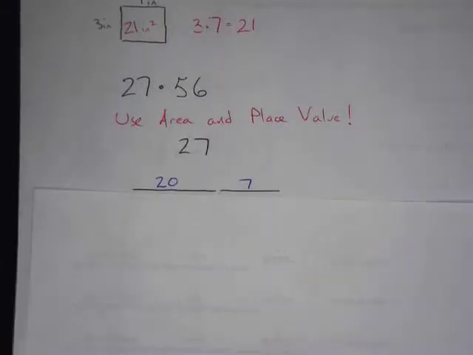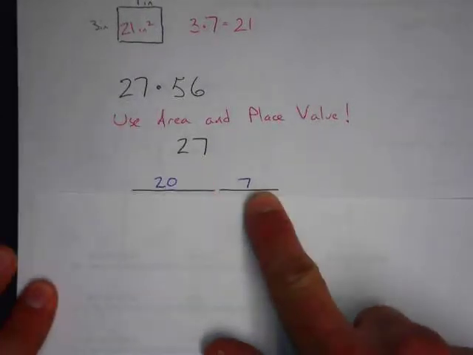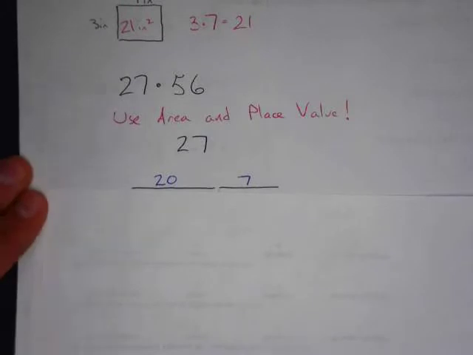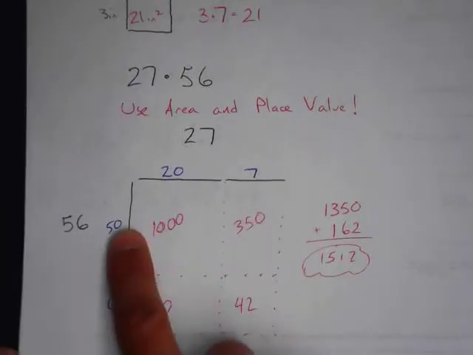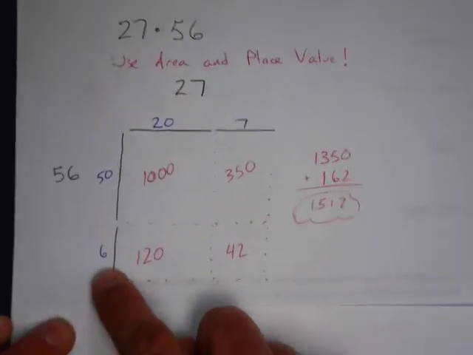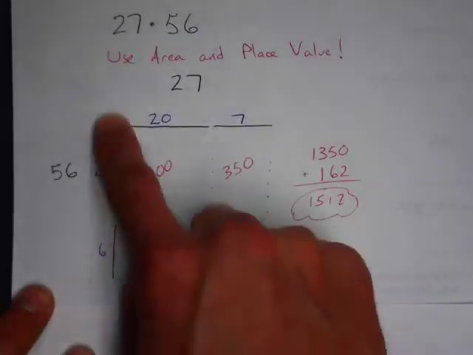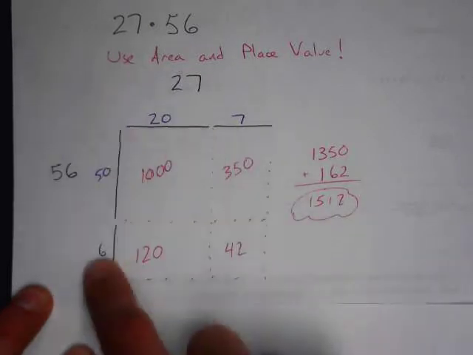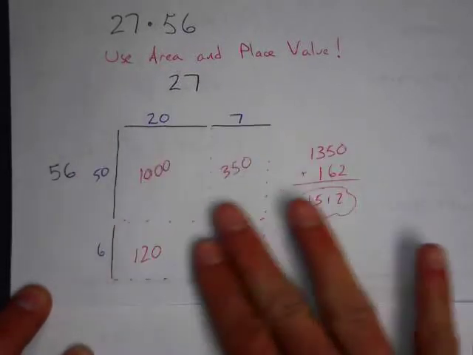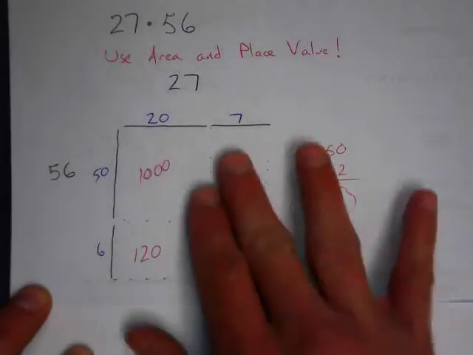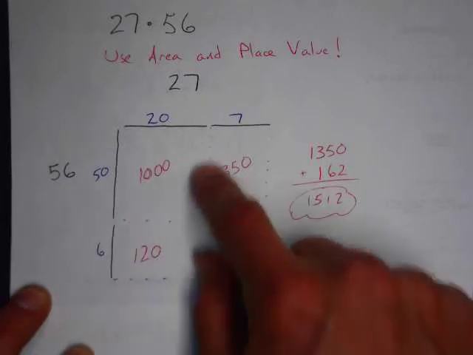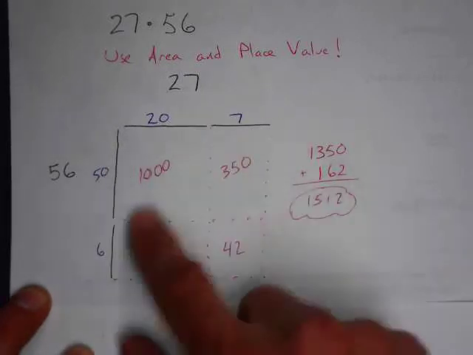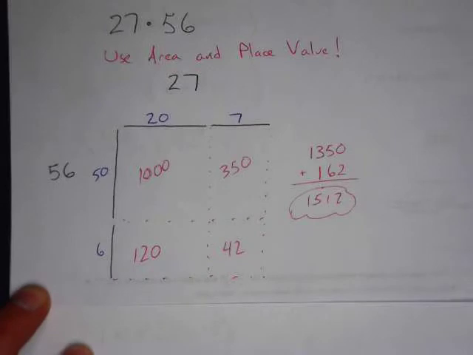And since we're multiplying these two, we're going to use the area model. So I'm multiplying 2 tens and 7 ones times 56. And of course, 56 is 5 tens and 6 ones. Okay, so what's happening now is I am multiplying these two lengths in terms of an area model. So I have an entire area, but now I'm looking in terms of 4 tiny rectangles. So 4 smaller rectangles will then add to give me the entire area.